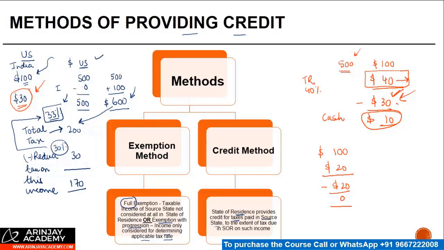You cannot use the excess 10 to offset the tax liability against other income. Of course, there could be domestic rules under which this could be carried forward, but you are not entitled to set it off against other income unless the domestic laws specifically provide for such a treatment.